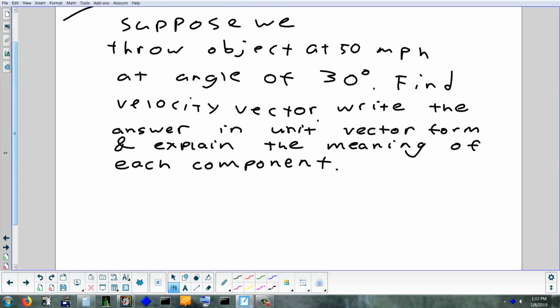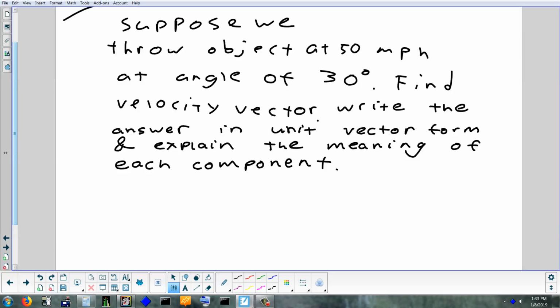What's out in front of everything? Nick? It's what we just factored out. The trig functions are going to be inside the parentheses, but there's something out in front of the parentheses. Yep. The magnitude. And what's the magnitude here?